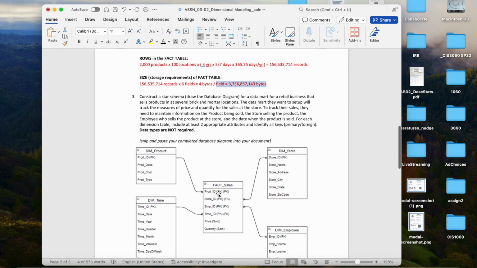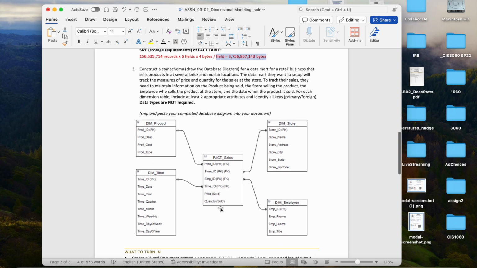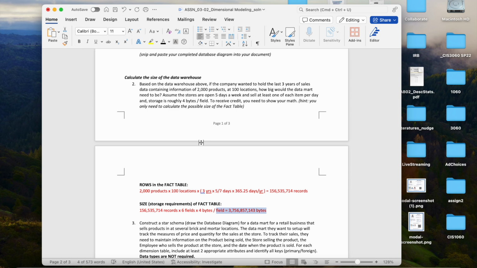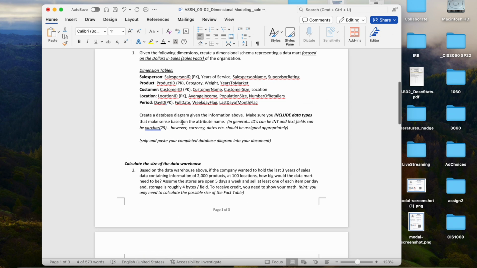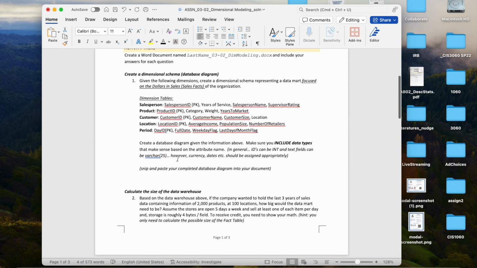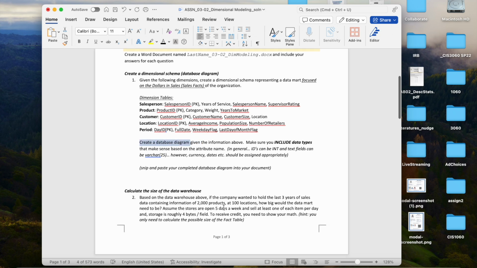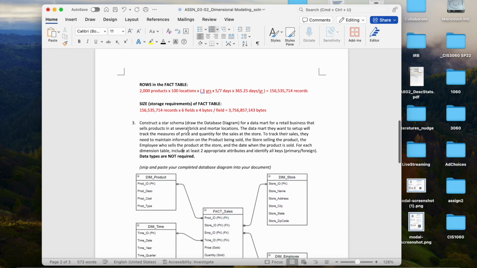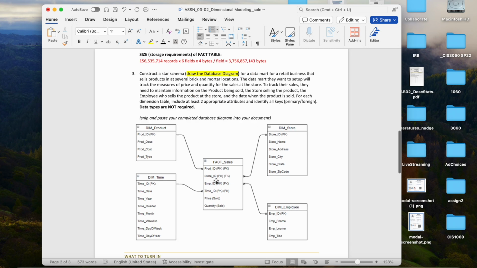Okay, so the last one will be this one. This question is not the same as this one. For question 1, we create a database diagram using SQL Studio. For this one, we use our diagram tool, app diagrams.net, to draw it, because we need to draw it, right? So if you draw it, it should look like this.